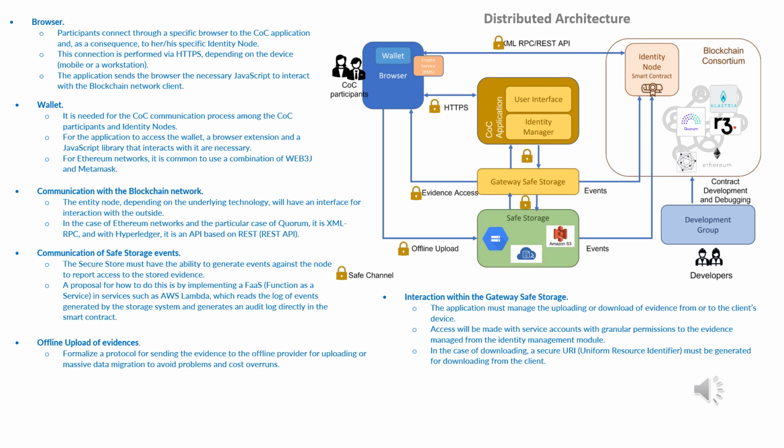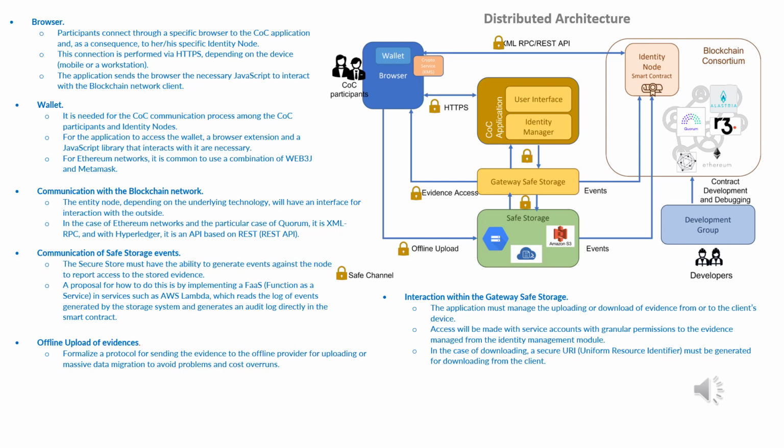For communication with the blockchain network, the entity node, depending on the underlying technology, will have an interface for interaction with the outside. So in our case, for Ethereum network, in particular the case of Quorum, it's an XML RPC with Hyperledger.